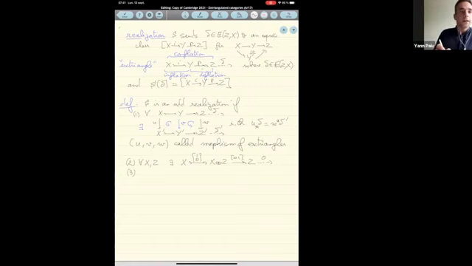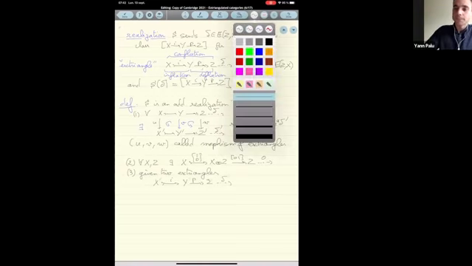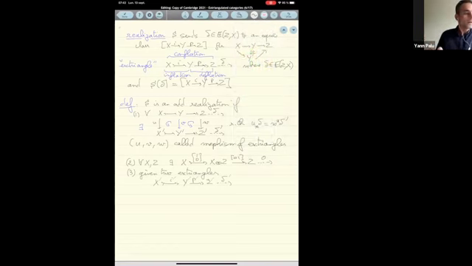And finally, given two X triangles, X, Y, Z, delta, and the second one with the primes everywhere, then one obtains an X triangle by taking direct sums of those two.